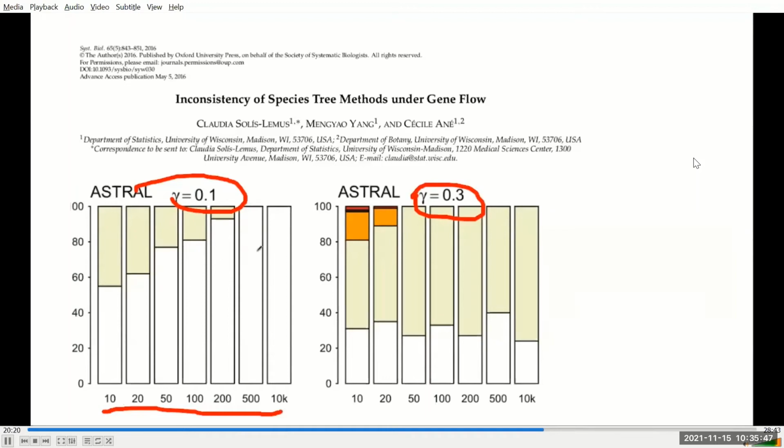White represents the dominant tree from the hybrid network, the dominant being the tree formed by the 90% of the nuclear genes. But when she ran it with a gamma of 30%, she got quite a different result. No matter how many genes she added, the percentage of time she discovered this dominant tree never increased.